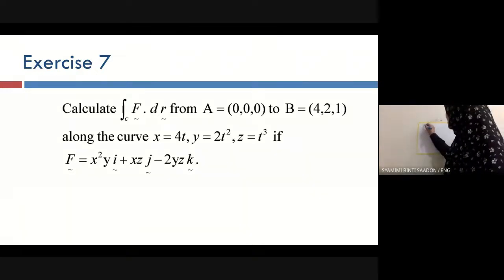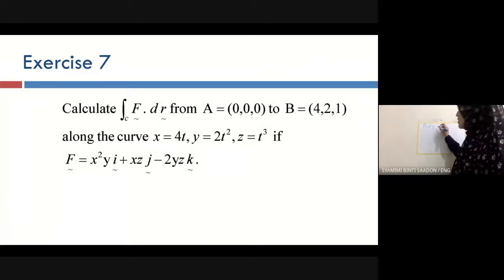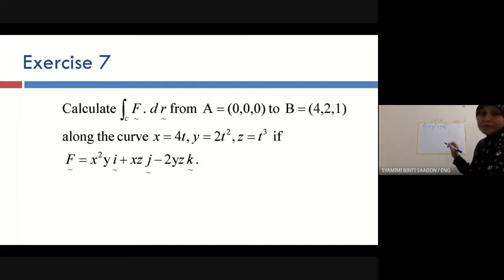Okay, so you have vector f: x square y in direction I plus z in direction j, minus 2yz vector k.